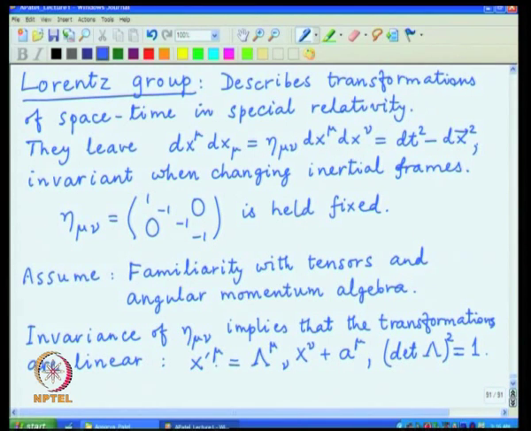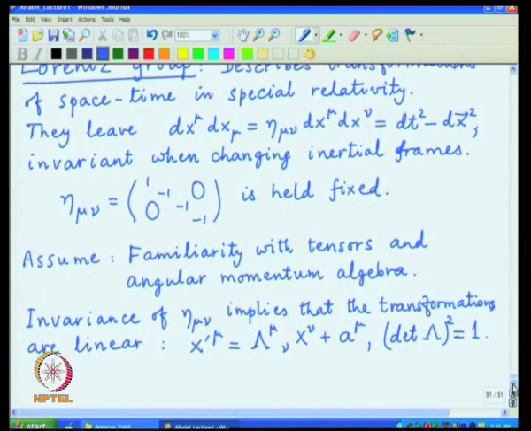Many times people start from describing this kind of linear transformations and constructing the machinery of Lorentz group starting from that, but this particular definition also makes it obvious that there will be some transformations which are peculiar, and they will be characterized by the sign of determinant lambda.